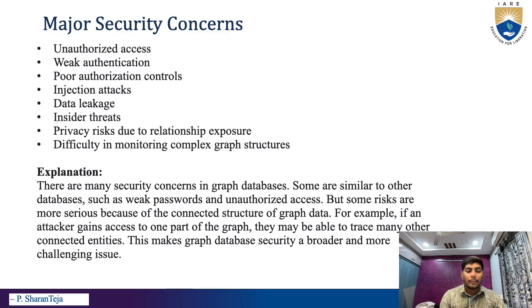The key difference from traditional databases is that in a graph database, the data is connected. So if one part is attacked, the attacker can explore the entire network. This makes attacks more dangerous and harder to detect.